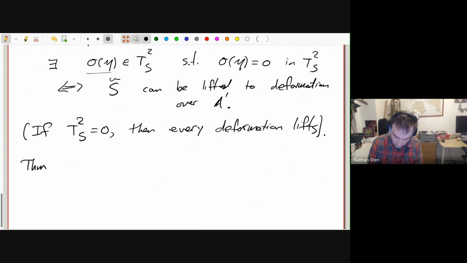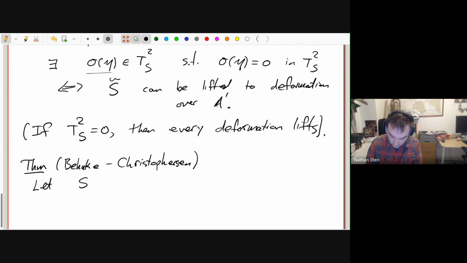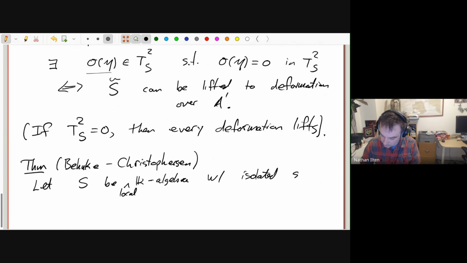So here's a theorem that's due to Kurt Behnke and Jan Christophersen. It says the following. Let S be a local K algebra with an isolated singularity.